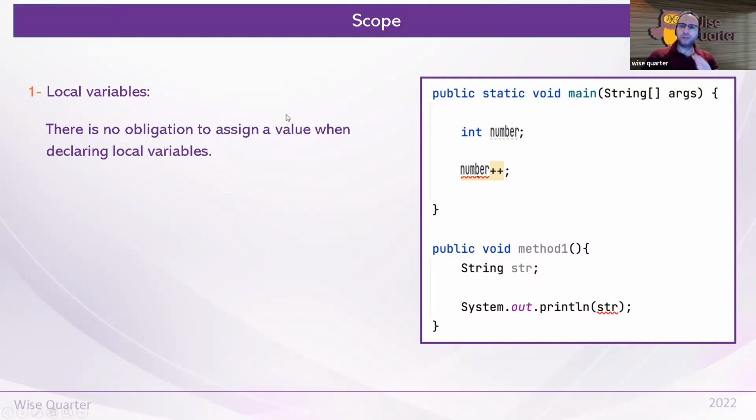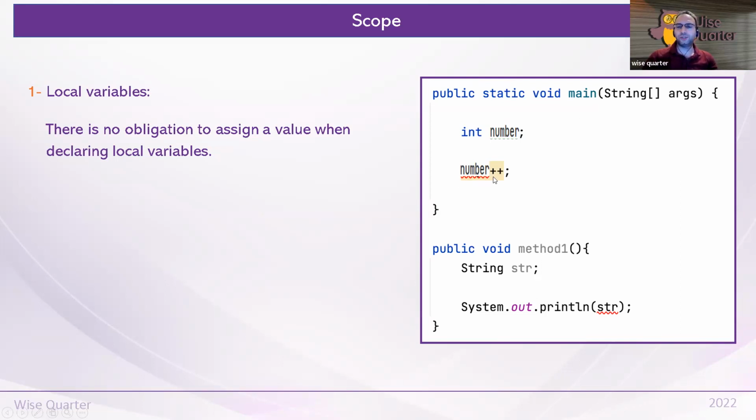Yes, when you are creating a local variable, like this one, this is the main method, this is other method. When you create it, yes, you can create the variable without assigning any value. Here, the coder has created an integer number without assigning anything to it.